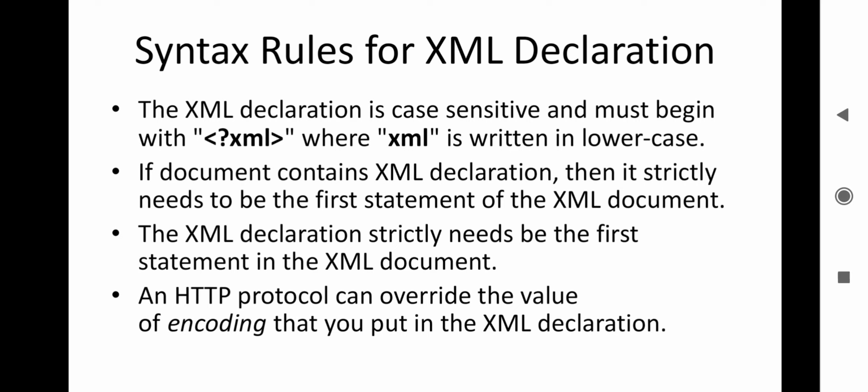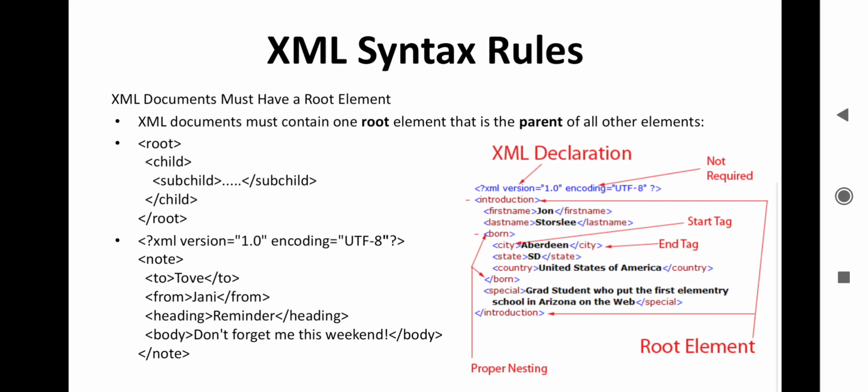An HTTP protocol can override the value of encoding that you put in the XML declaration. XML syntax rules. See, here is one diagram and here is one example. At the root level, there is a child, then a subchild, so you need to maintain the hierarchy. When you are typing this program, you need to maintain the indents also.